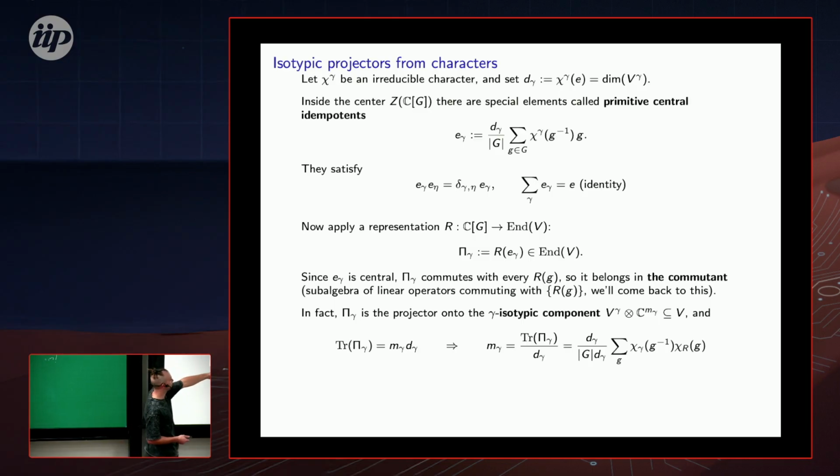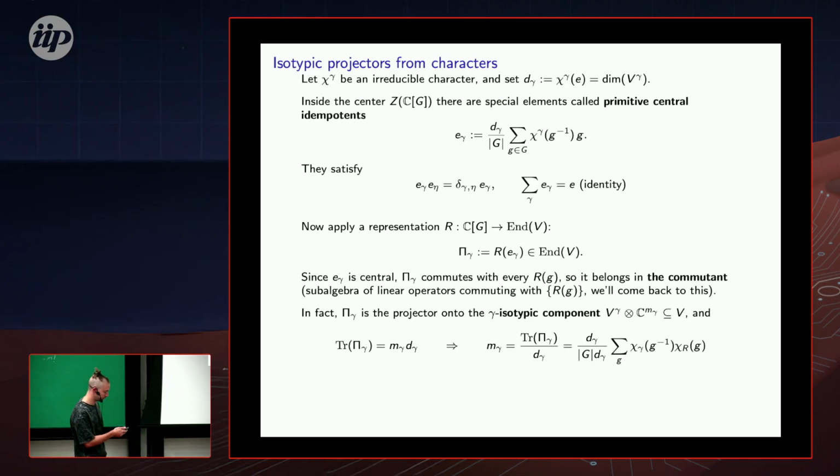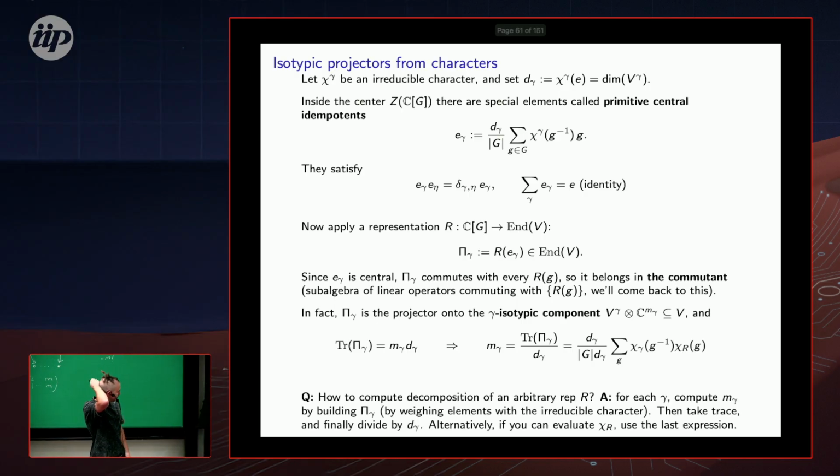But in that equation, the D gammas cancel, and that's the inner product of characters. So as I was saying in the previous slide, M gamma is just the inner product of the character of R with the irreducible character gamma. This is just to say how to compute it. It's not a super efficient way, but it's a way to do it.